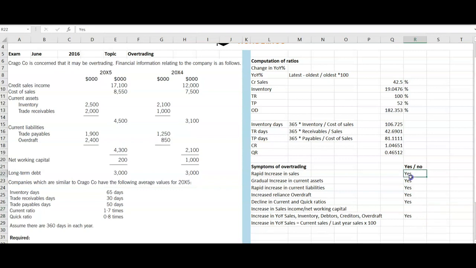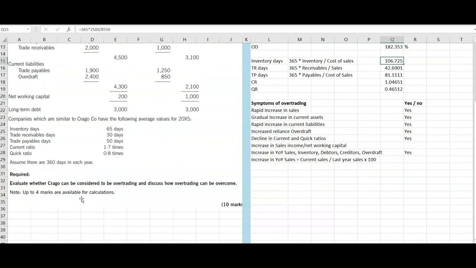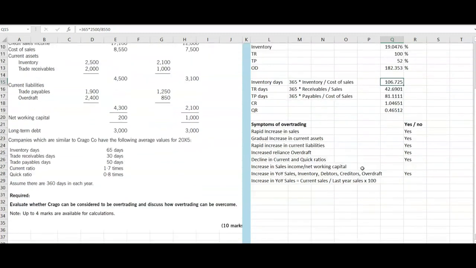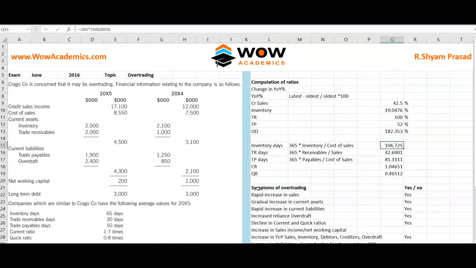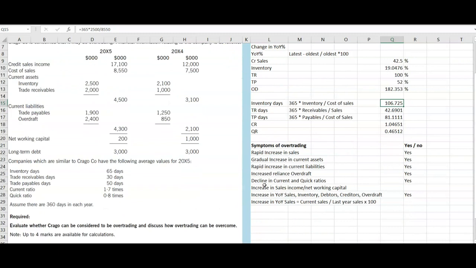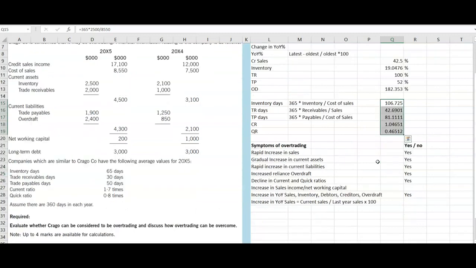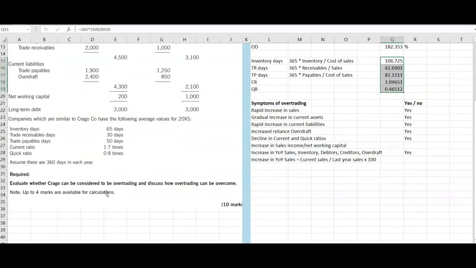This alone we have not done. If you look here, all of these are symptoms of overtrading. If the mark is a higher mark, for example here only 4 marks are available for calculations, and if we keep calculating too much, we'll end up eating a lot of time. So we don't need to calculate a lot of ratios here. You can still work out a few more ratios, for example the same ratios for the 2004 year, but we don't need to because we don't have marks available for that.